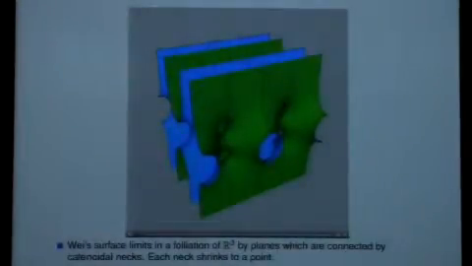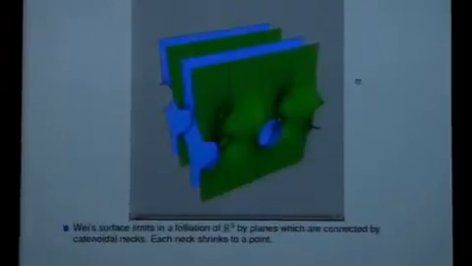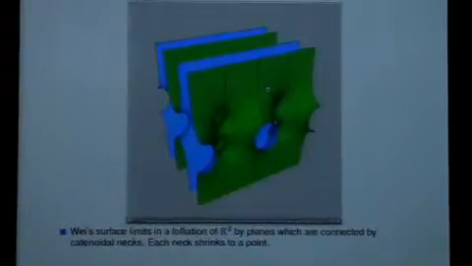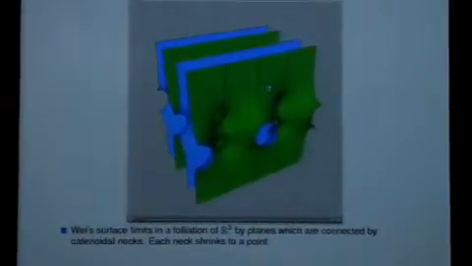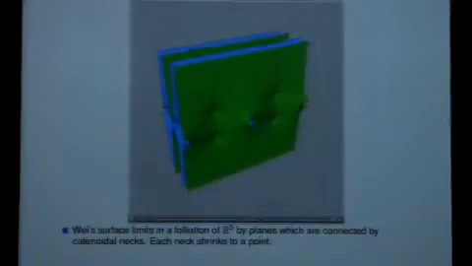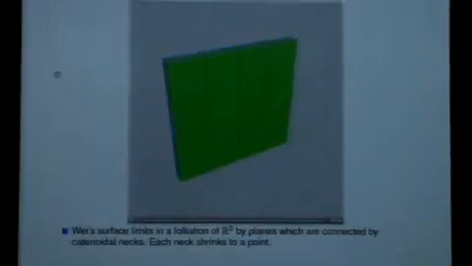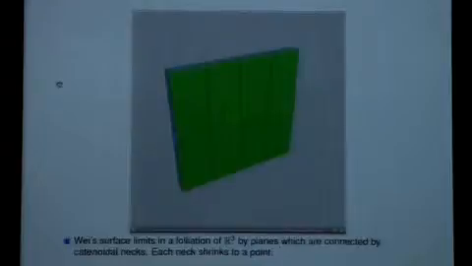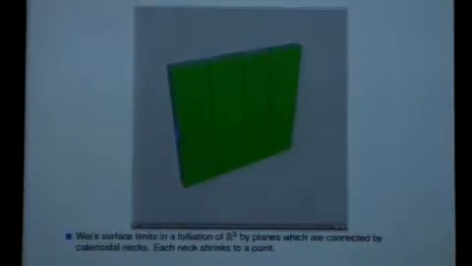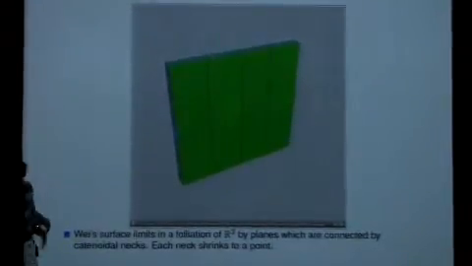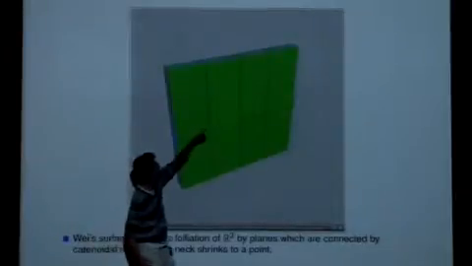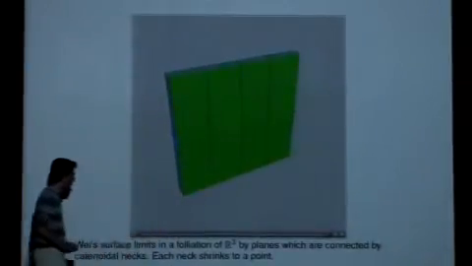So the idea behind constructing these was looking at one of the limits of the wave family, which this movie shows. As we approach the limit, the wave surface limits in a foliation of R3 by parallel planes connected by tiny catenoidal shaped necks, each one of these, so the necks just shrinking to points.